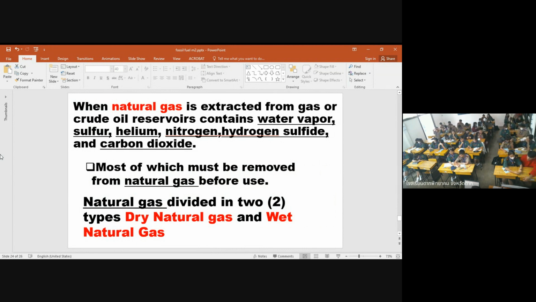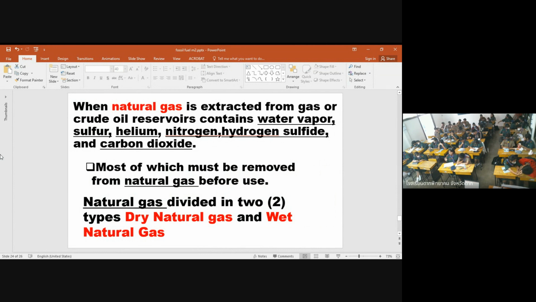So listen, most of these will be removed from natural gas before it is used. If they have this sulfur, helium, nitrogen, hydrogen sulfide, and carbon dioxide, they will remove or take it away from natural gas before we use it.